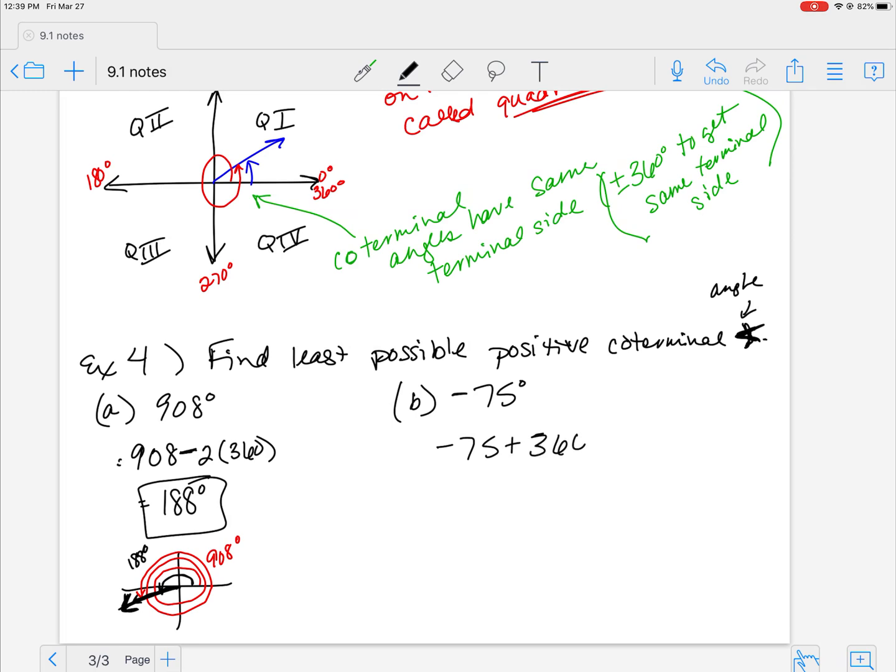If you start negative, what are you going to have to do with that 360? Yes, you're going to add 360 to that and see where it pans out. So negative 75 plus 360 is going to end up giving us 285 degrees.